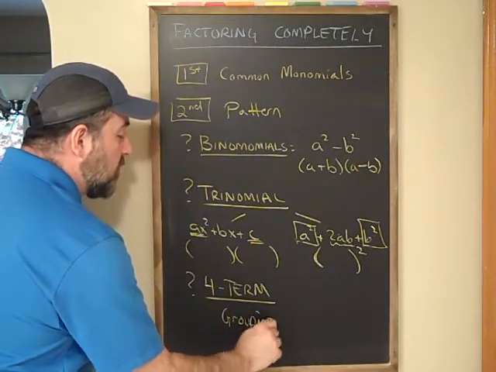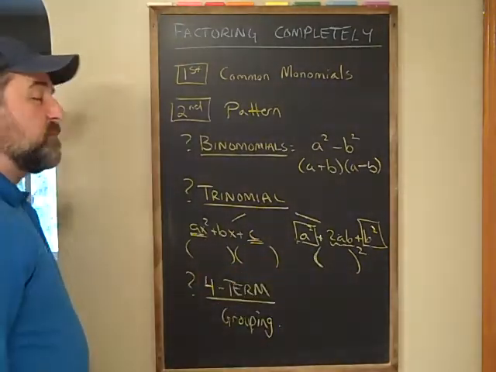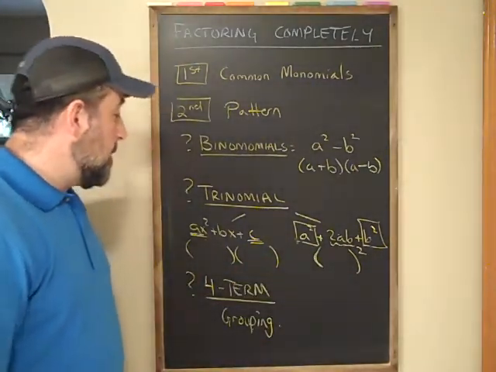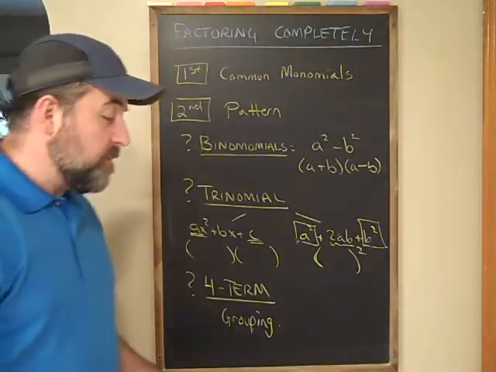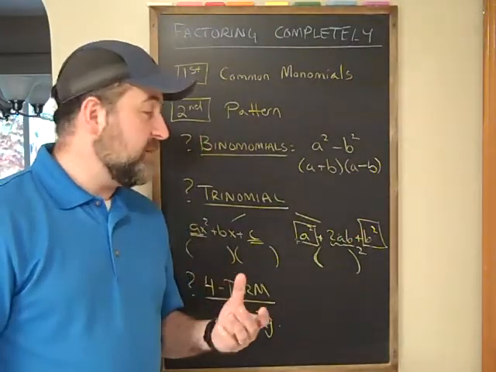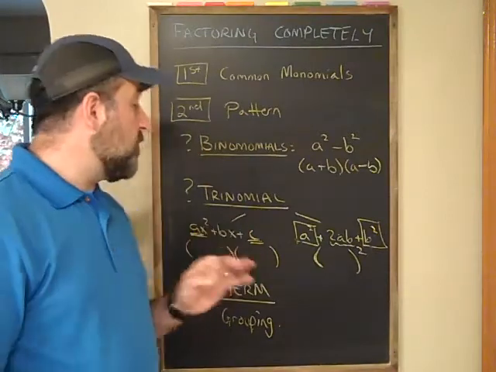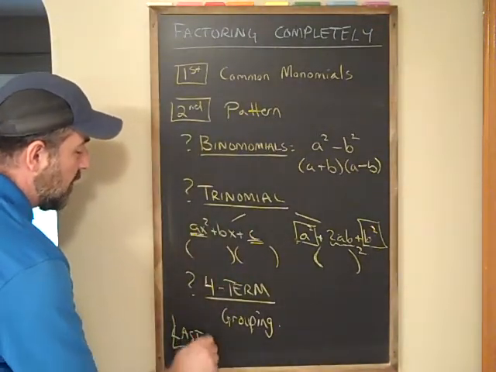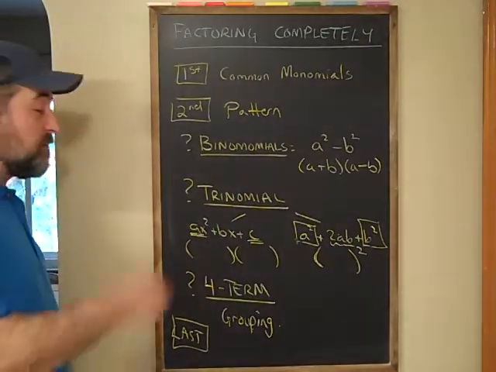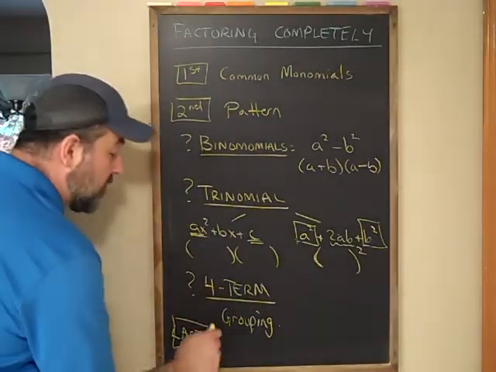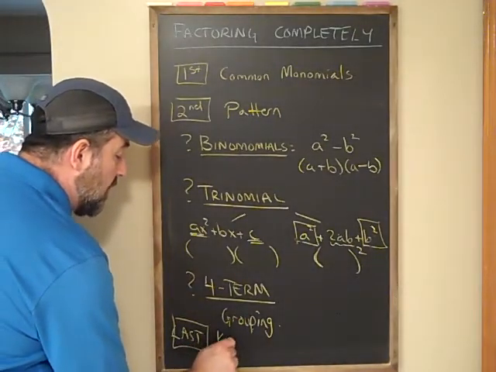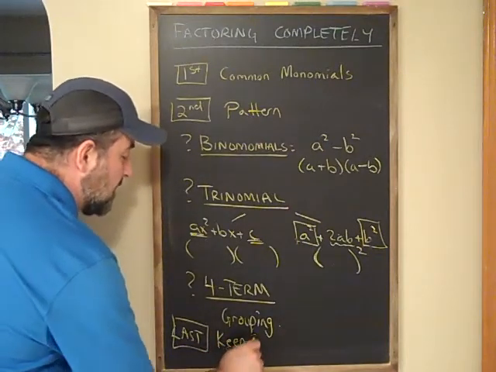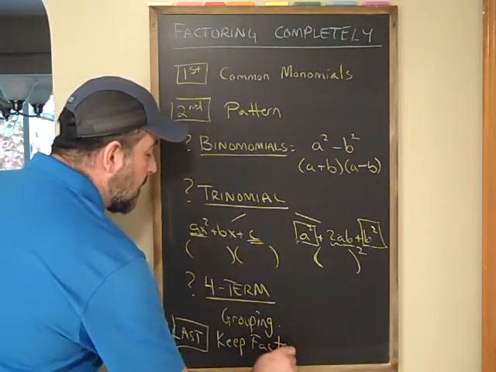You may have to reorder the problem so that it can be factored, but that's what you're going to look for. And the last step is you're always going to want to check to see, last, are any of the factors that remain still factorable? So I'm going to write last, keep factoring.